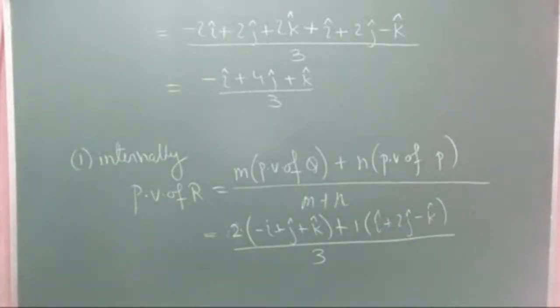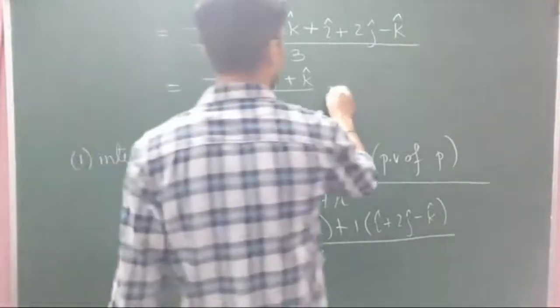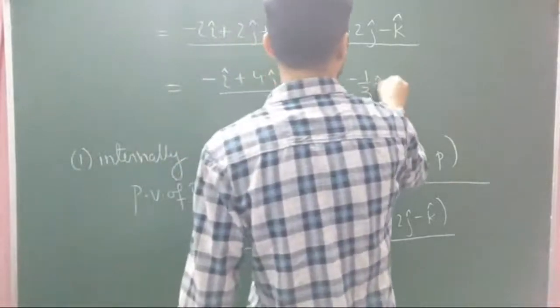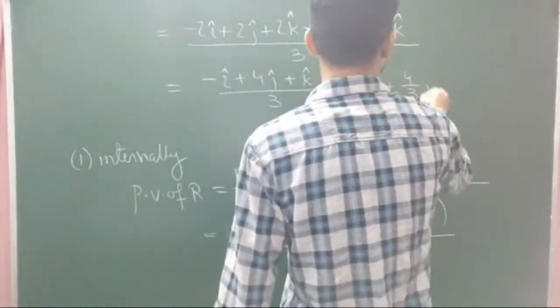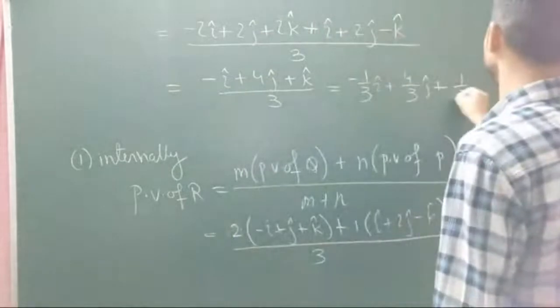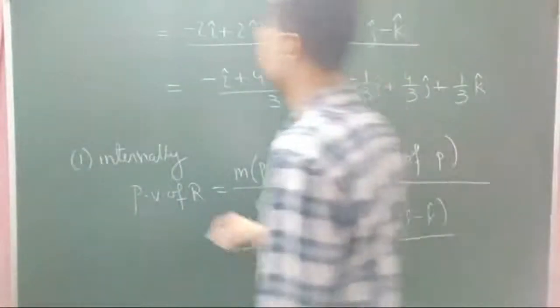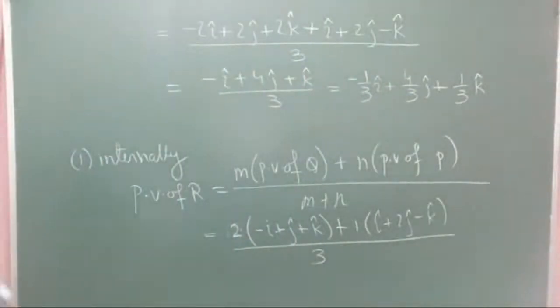Minus 1 by 3, 4 by 3, plus 1 by 3. Of course, if you want to write, you can write minus 1 by 3 i plus 4 by 3 j plus 1 by 3 k. So this is the position vector of the vector R, which divides the line joining the 2 points P and Q internally.